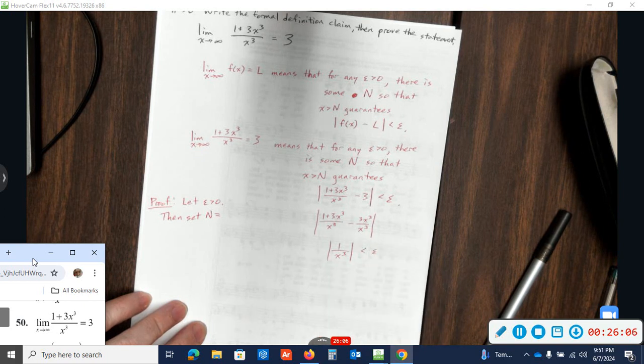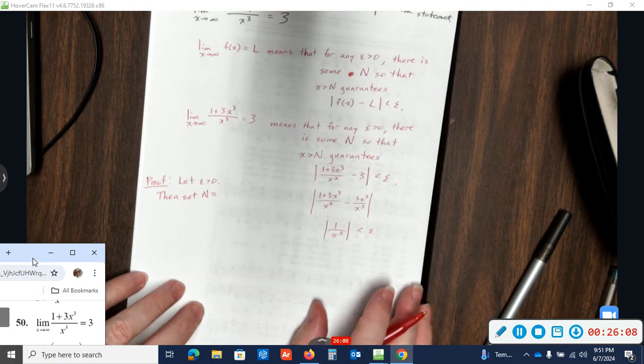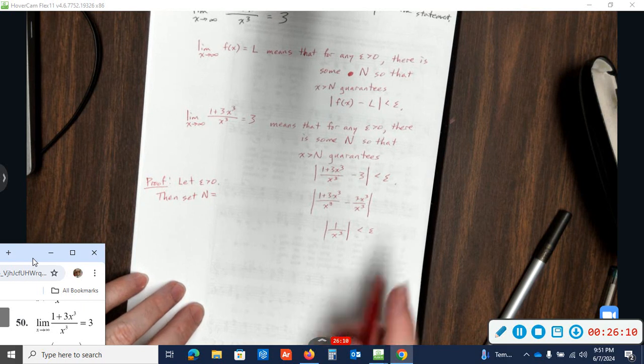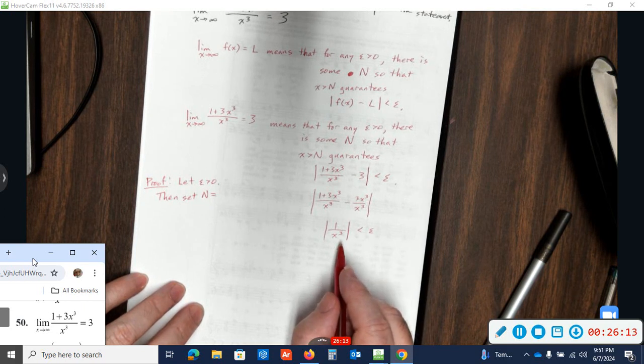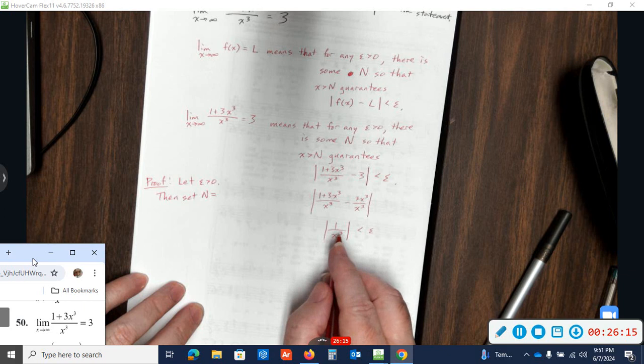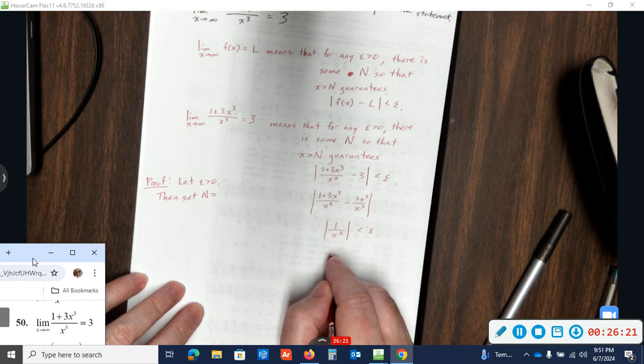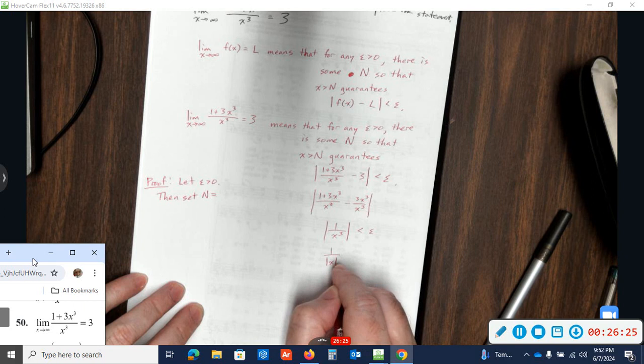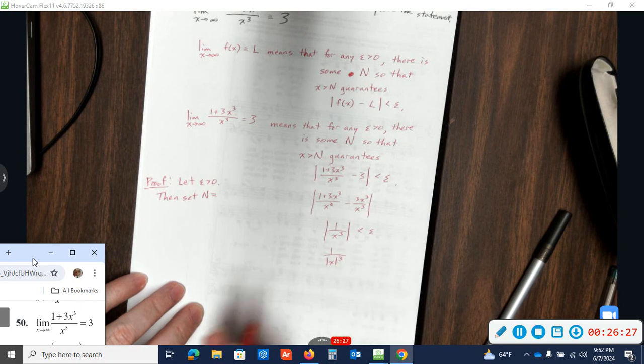That's less than epsilon. And the absolute value of 1 over x cubed is 1 over the absolute value of x cubed.